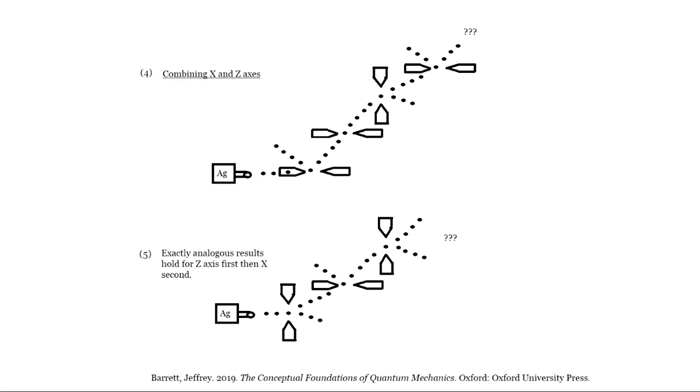Suppose we isolated all the ones that were heading to the right. We have a second x-axis Stern-Gerlach apparatus that in turn tries to double-check the x-axis measurement from the first measurement procedure. And again, you get what you'd expect. You get 100% probability of the ones that were initially measured to be x spin right also being measured x spin right again at the second measurement procedure.